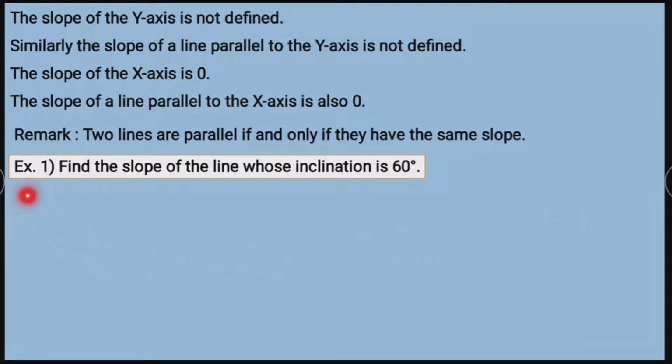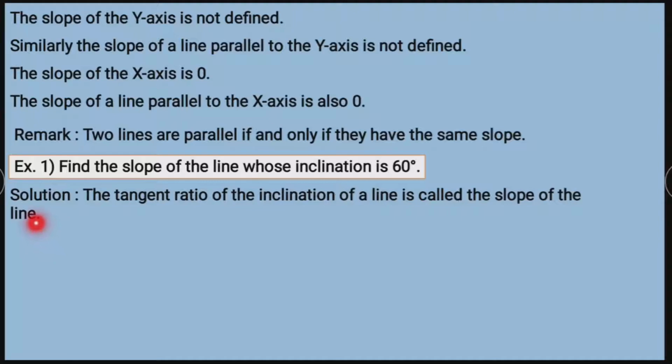So see the first example. Find the slope of the line whose inclination is 60 degrees. That means here the value of theta is given, which is 60 degrees. So with the formula, see here in the solution, we write: the tangent ratio of the inclination of a line is called the slope of the line. Given theta equals 60 degrees.